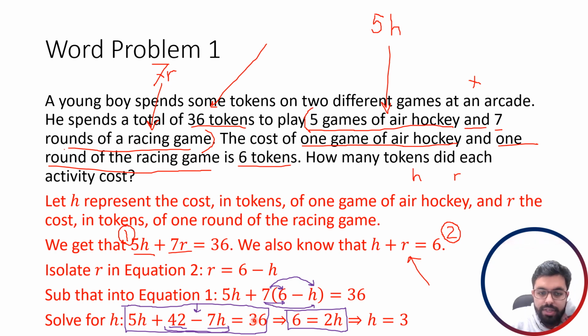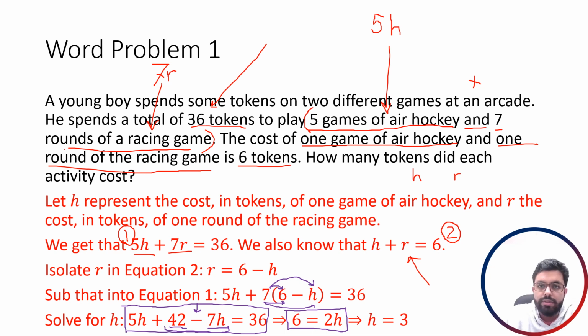So if I subtract 36 from the right side, 36 minus 36 is 0. And then on the left side, I'm going to say 42 minus 36 is equal to 6. So that's where this 6 comes from right here. And then what I'm going to do is, well, 5H minus 7H, that's negative 2H, right?